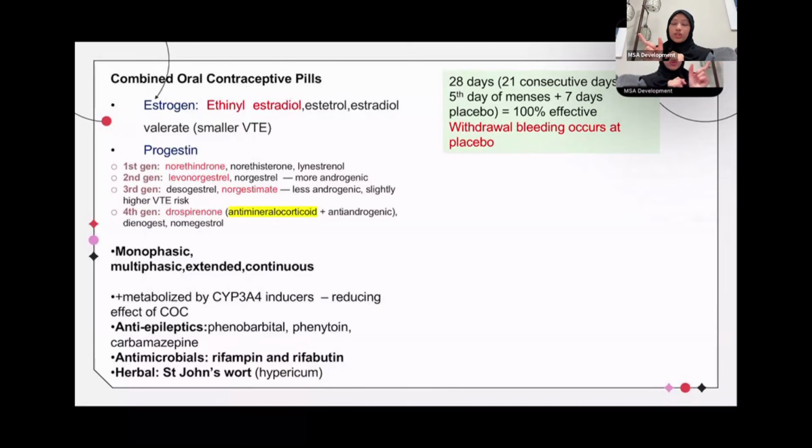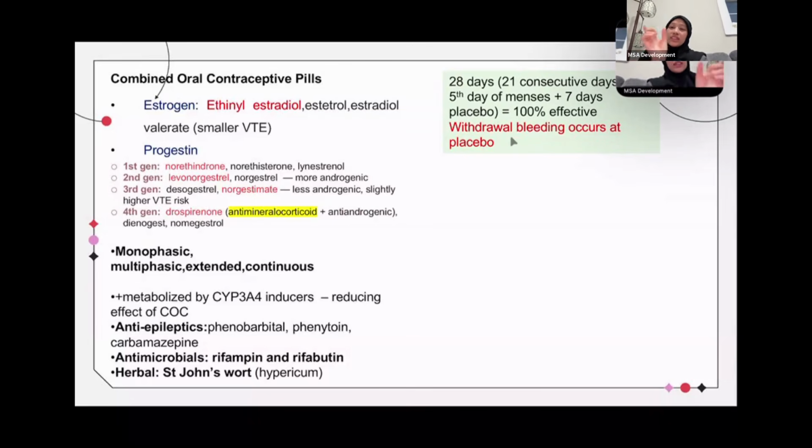This 7 days is the window period. They will take another pill, but it's a placebo, it doesn't do anything. And when they stop taking it for the 7 days, it will make them have the period. So this is called withdrawal bleeding from the placebo. So this regulates the period in people who have heavy menses or painful menses, right?